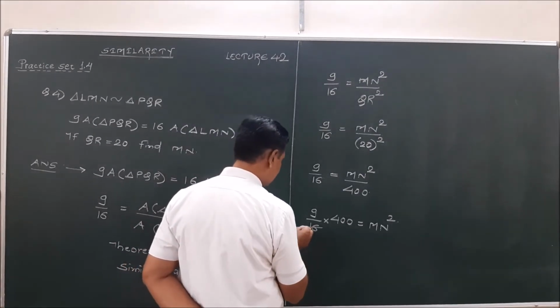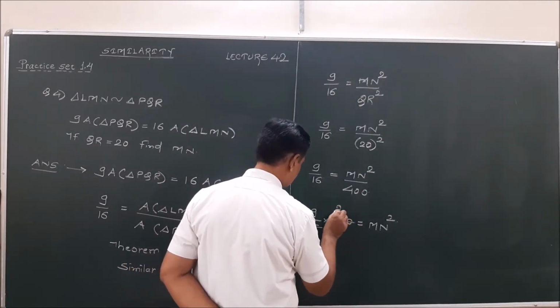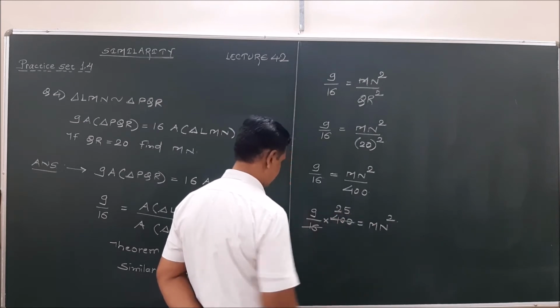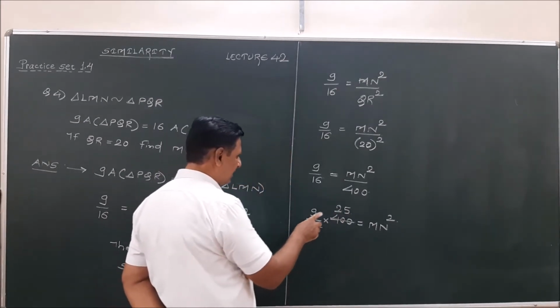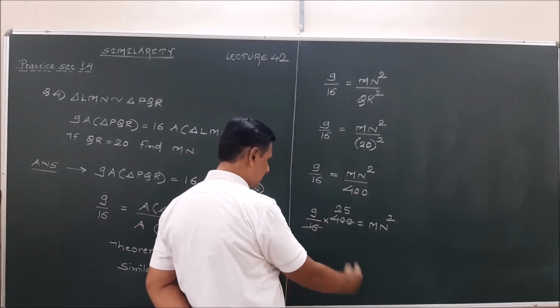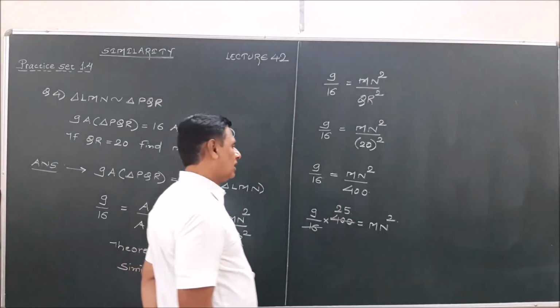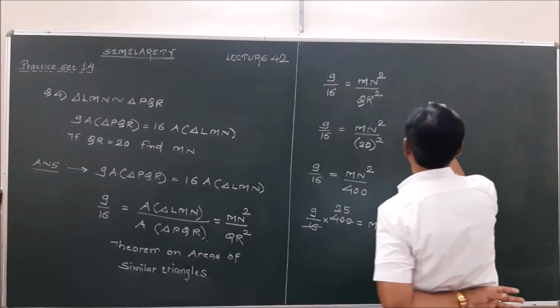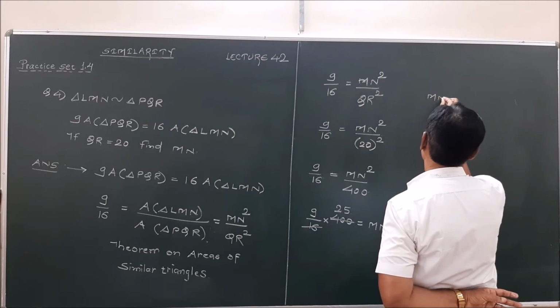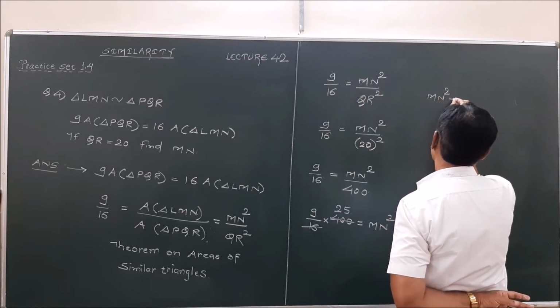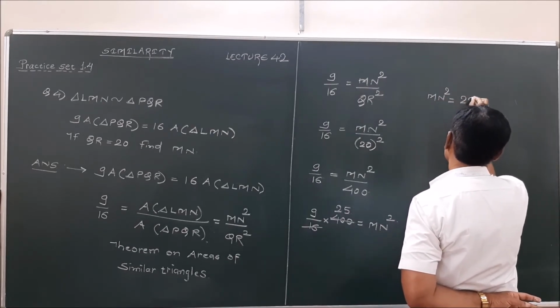So here you'll find 16 twos are 32, 16 fives are 80. Then you will get MN square is equal to 225.